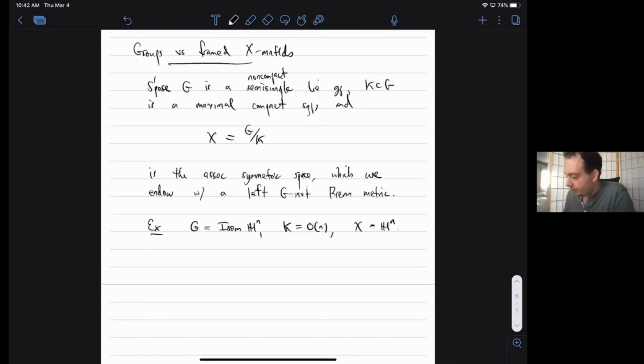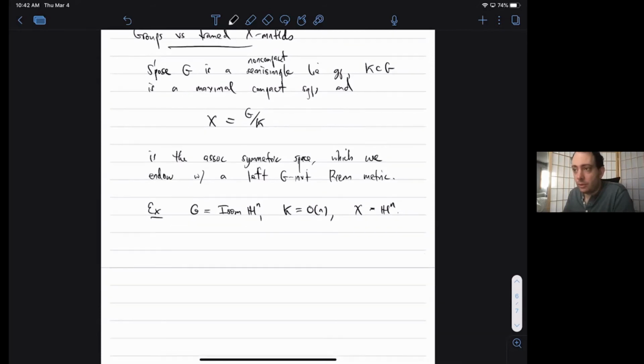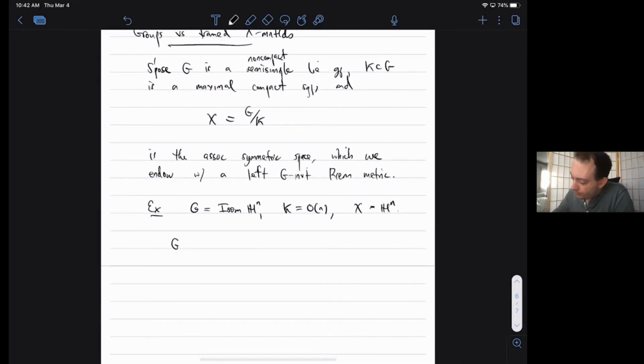All you're doing is taking Isom(Hn), which acts on Hn, and modding out by the stabilizer of a point to recover Hn. Another example is G equals SLnR, where the maximal compact would be SO(n), and X is the quotient.